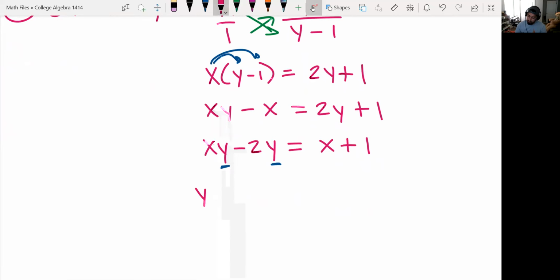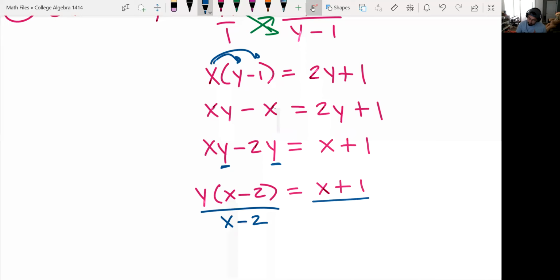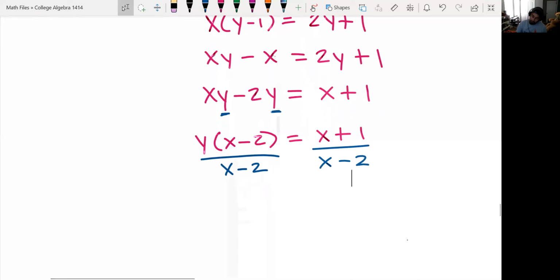We take a y out, and you're left with x minus 2 equal to x plus 1, and all you have to do now is divide by x minus 2. And y equals x plus 1 over x minus 2.